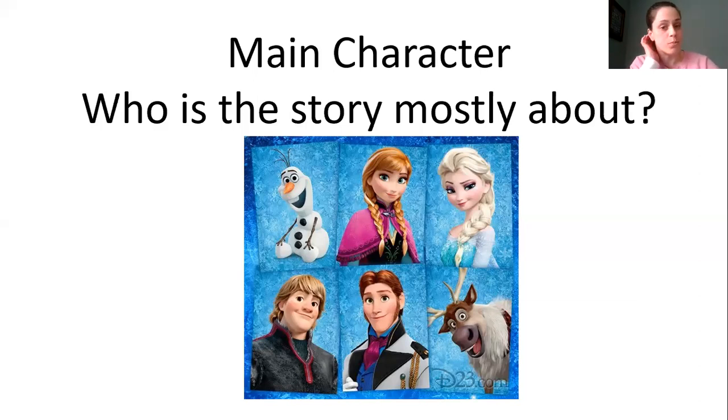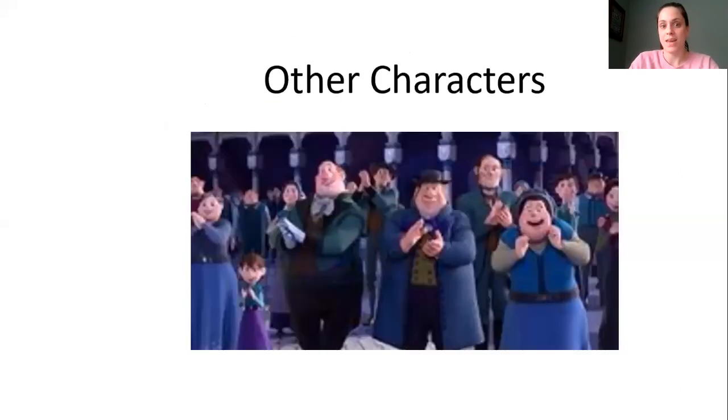That's who the story is mostly about, and without Elsa and Anna, you wouldn't have the story of Frozen. Then there's lots of other characters in this movie. There's all the people who live in the town of Arendelle, and without them, the story could continue. They're not that important. So those would be called other characters.